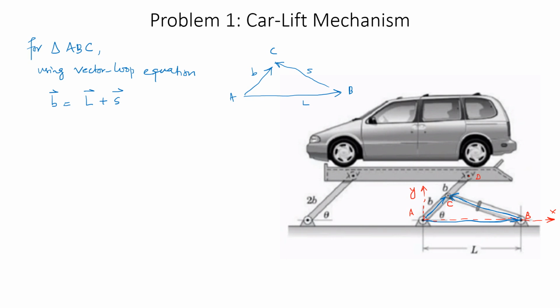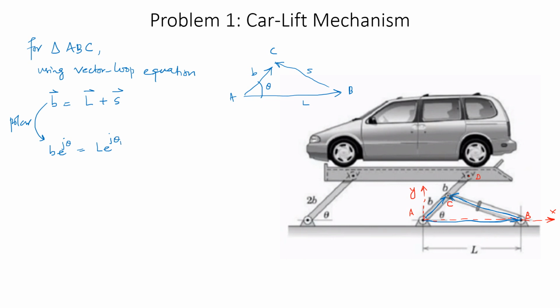Now once you have this vector loop equation, you can use the polar notation to write down a better expression over here. That is going to be something like B e raised to power j some angle. And this angle is corresponding to vector B, so this is going to be right over here. So this is the theta. So B e raised to power j theta is equal to L e raised to power j theta corresponding to L, which is equal to 0.